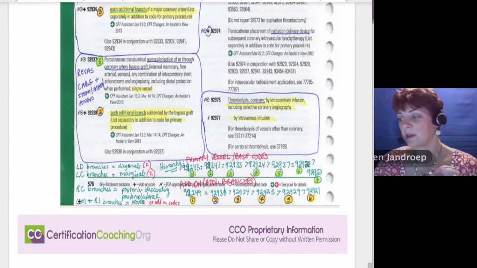And then the left main and the RI, they don't have any. So you don't get to use any codes. They don't have any branches, okay? But if you did have a diagonal, its modifier would be LD. If you did have a marginal, its modifier would be LC, okay? And there are no modifiers for the others. Well, they wouldn't apply, I should say, okay?